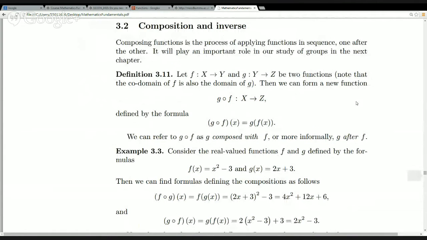Now, one other type of operation you can do with functions. This is extremely important and very general and deep. It isn't an aspect of numbers. It's much more fundamental than that. Sometimes you think of numbers as being the most basic building blocks of mathematics, but numbers are already perhaps even some fancy kind of objects.